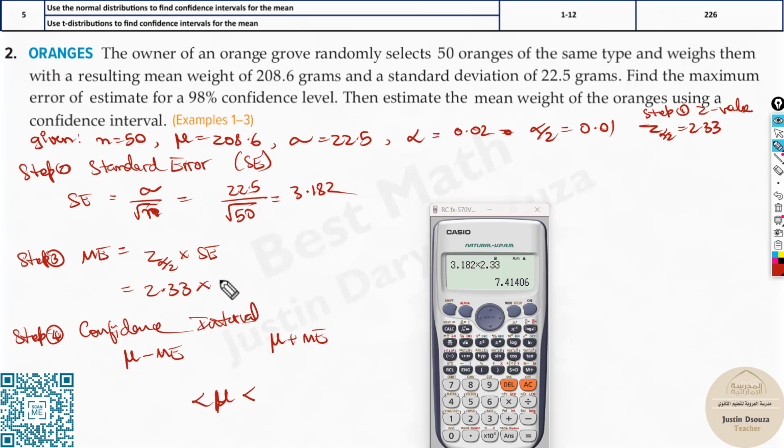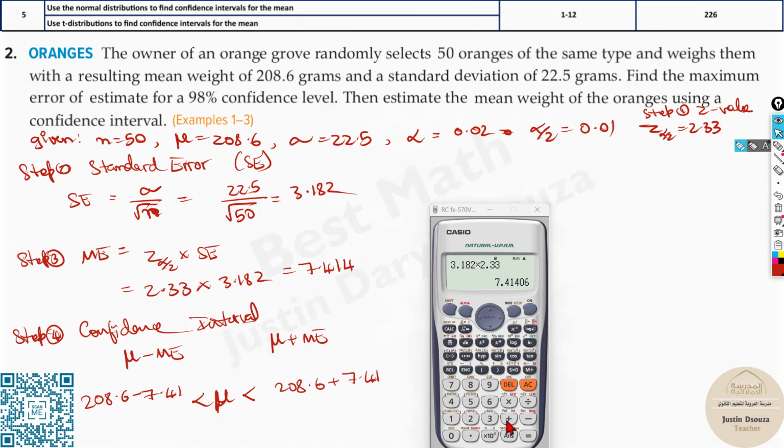So this is going to be 7.414. And over here, then we have mean 208.6 minus 7.41, and 208.6 plus 7.41.